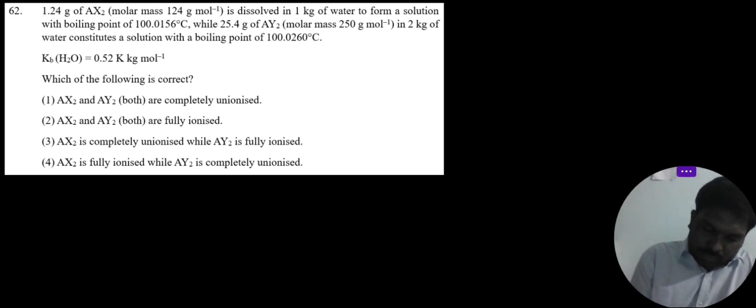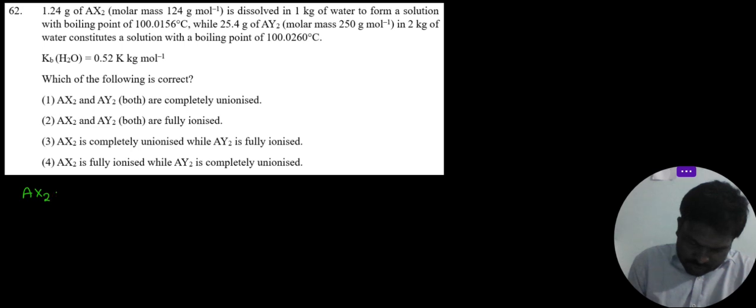So now here two solutes are provided. One is the AX2 solute, another one is the AY2 solute. Their solutions are given. We can take the AX2 solute containing aqueous solution first. The formula for elevation of boiling point: delta TB equals Kb into molality into Van't Hoff factor.